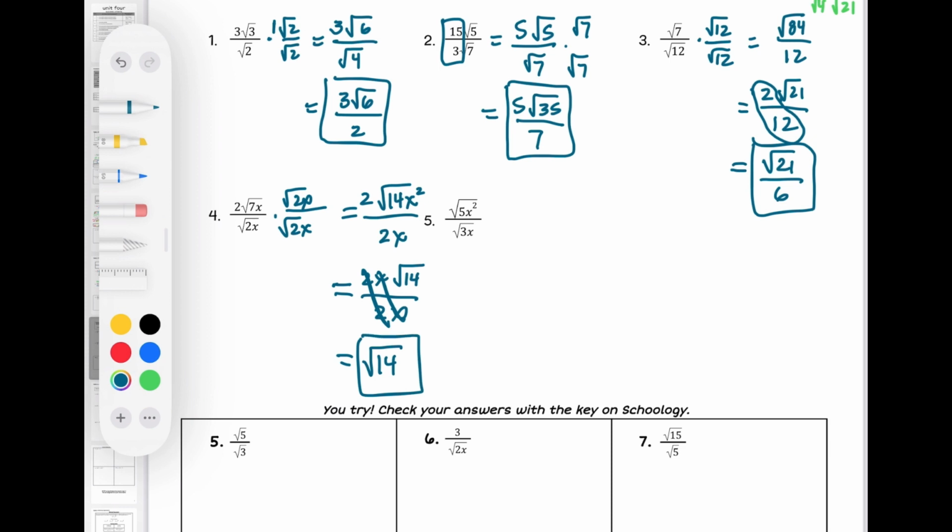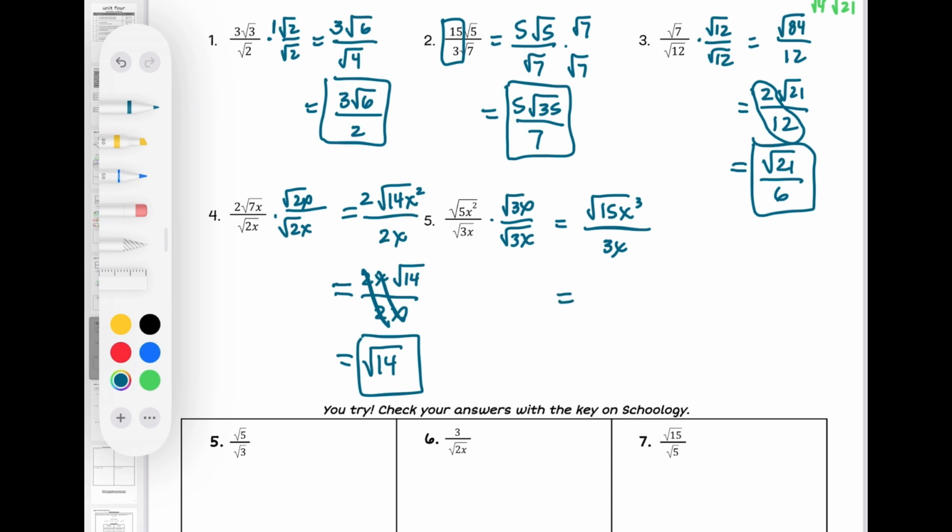All right, and last one, we're still doing the exact same thing. So we're going to go ahead and multiply by the square root of 3x on the top and the square root of 3x on the bottom. So we have the square root of 15, because 3 times 5 is 15, x cubed over, and then on the bottom we'll have 3x. So we need to decide if we can simplify this any further.